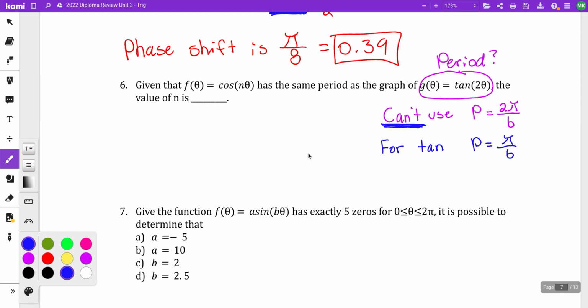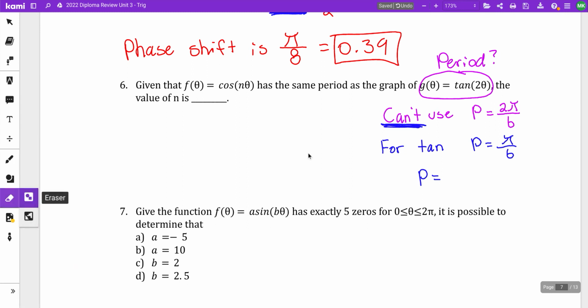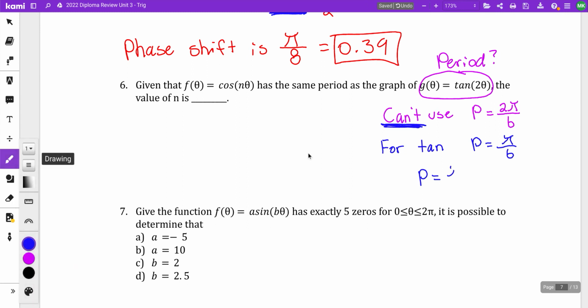So for this question, the period equals 2 pi. Sorry, look, I just made the same mistake I said I wouldn't make. Pi over 2. That's the period of this equation.